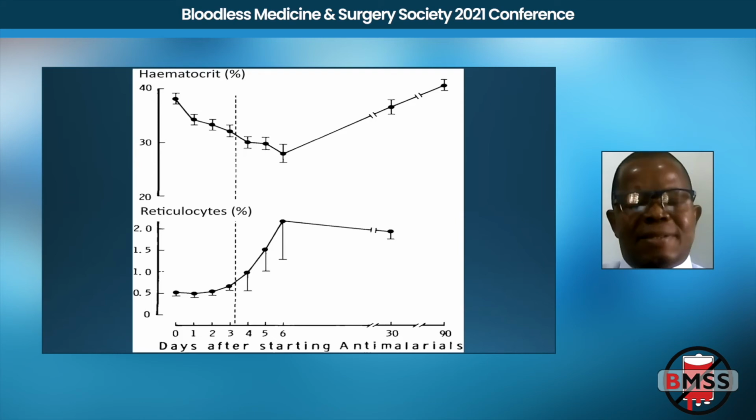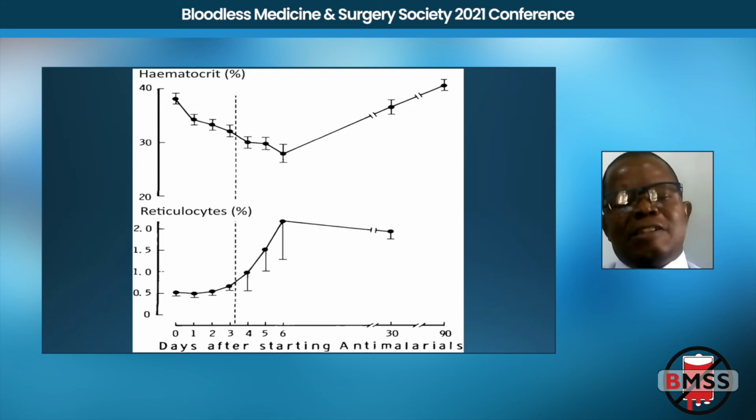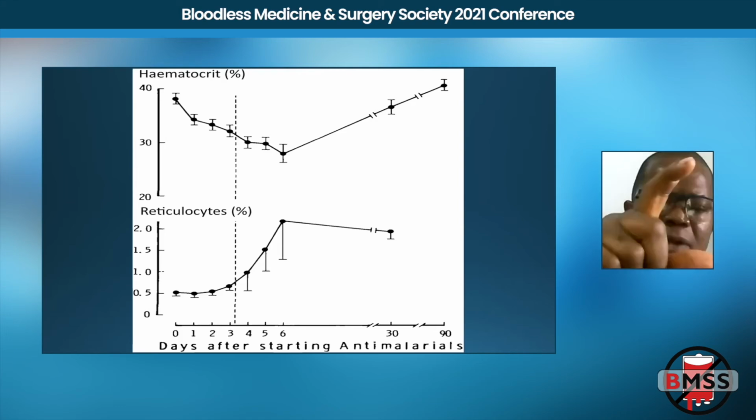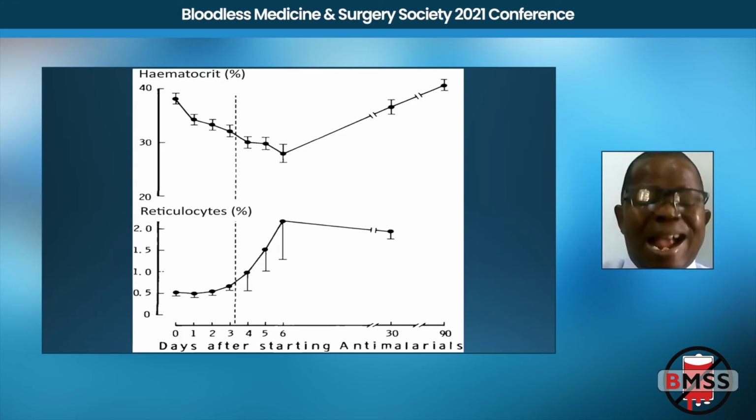So as the hematocrit drops, so also reticulocytes, that's new cells, are being made as quickly as malaria is destroying the cells. So also is the body trying to respond.